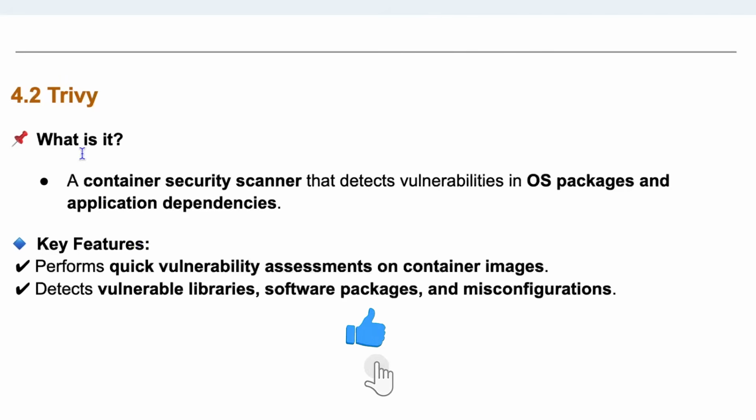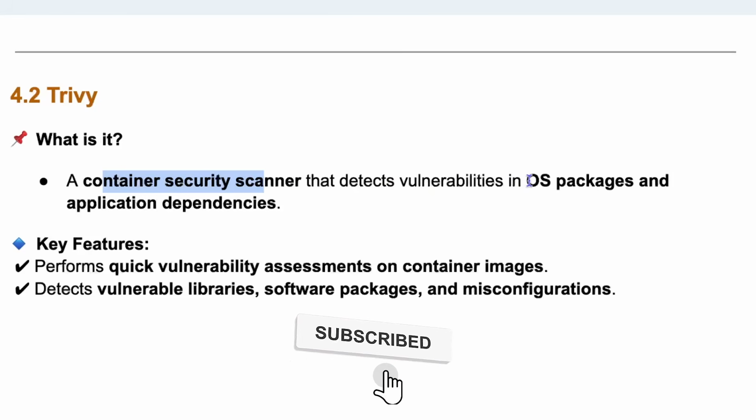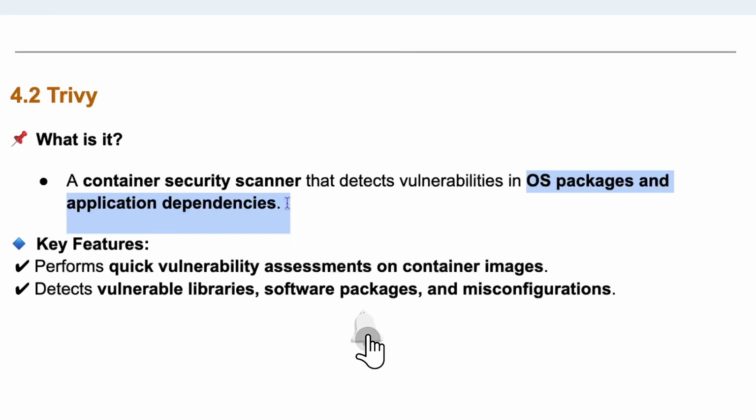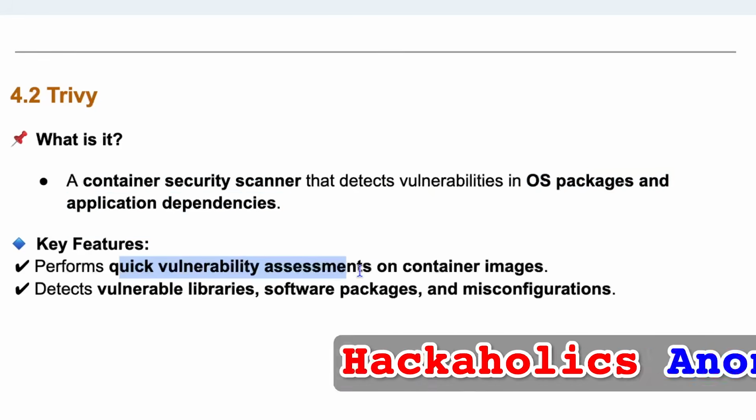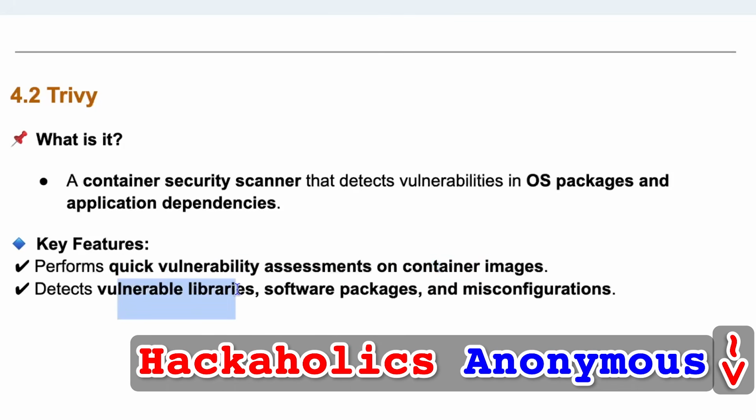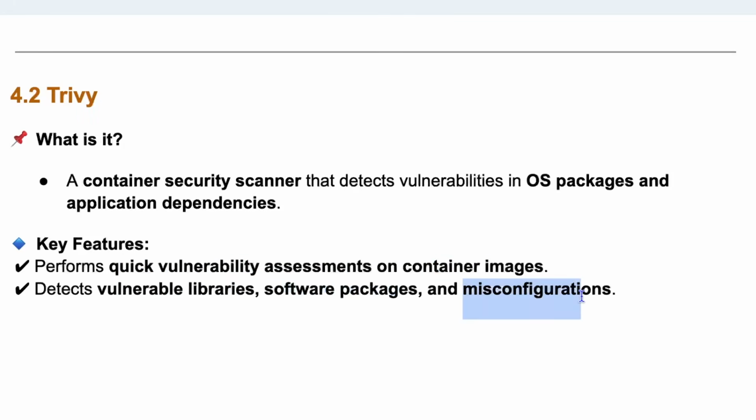The next one is Trivy, and this is another container security scanner that detects vulnerabilities in operating system packages and application dependencies. It does quick vulnerability assessments on container images, vulnerability libraries, software packages, and misconfigurations, all of the things that Grype can also do. I think this is just another option in case you, for whatever reason, don't like Grype.